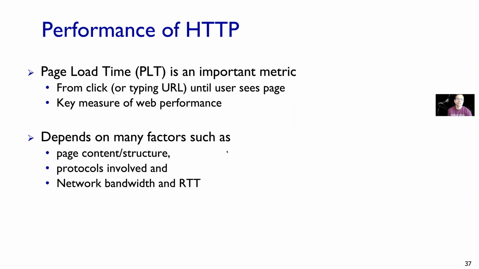And it really depends on a number of factors, right? So it of course depends on the content. If you have a very content heavy page, then obviously it's going to take a lot longer. It depends on the way these various objects are actually fetched. So this is where we'll spend a bit of time, particularly on how HTTP has been designed to try to optimize this. The bandwidth and round trip time is just something more general, right?